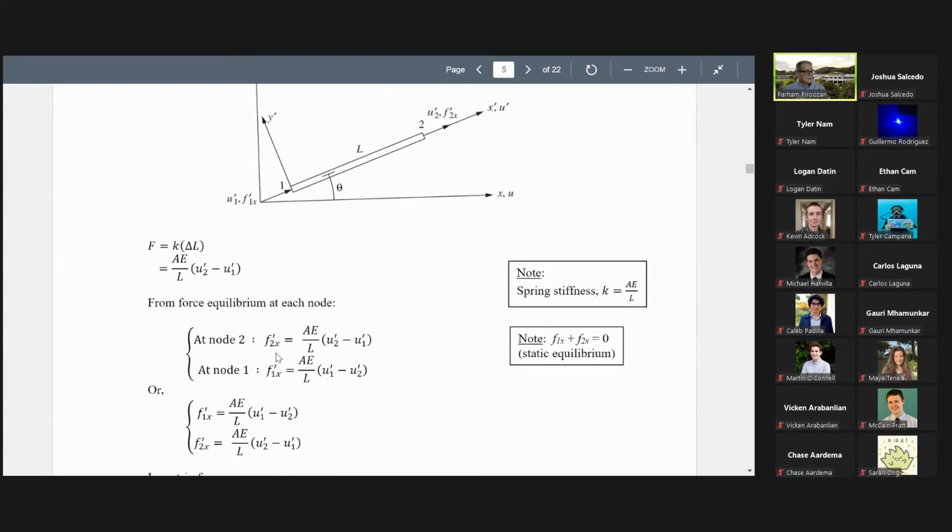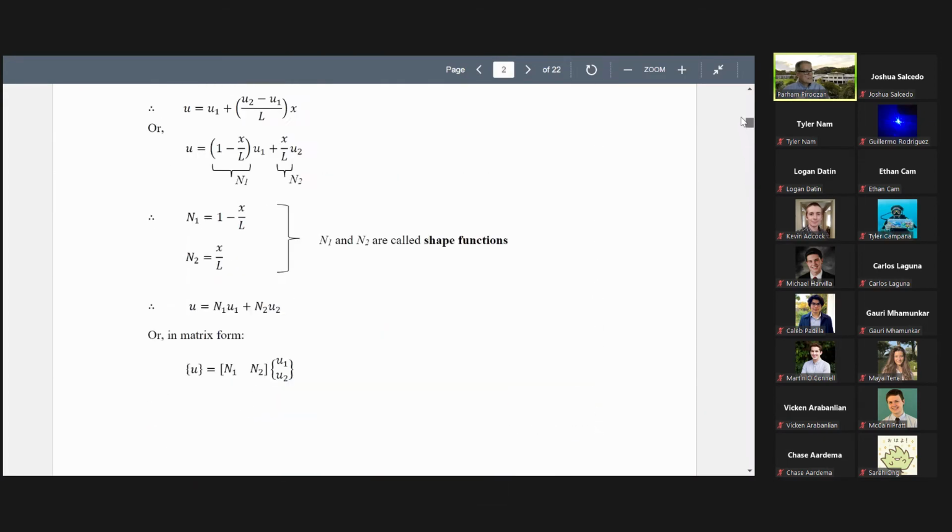The same as in the local coordinate system. With primes, we don't have any problems. F2x prime is equal to AE over L times u2 prime minus u1 prime. And at node 1, similar to this one, it is what we did here. Let me go back one step. This is what we did here, actually.